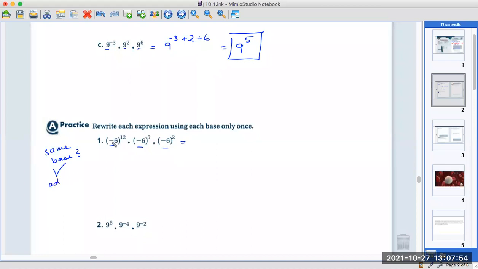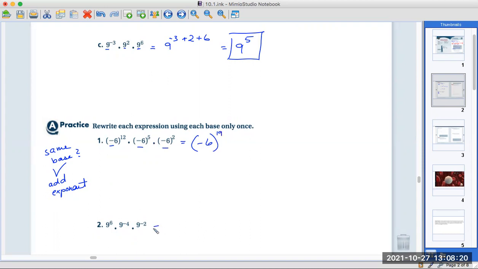You notice we're multiplying these powers. So the rule is when you multiply these powers and they have the same base, you add the exponents. I'm just giving you a little review of what you already heard. So you rewrite your base one time. 12 plus 5 is 17 plus 2 is 19.